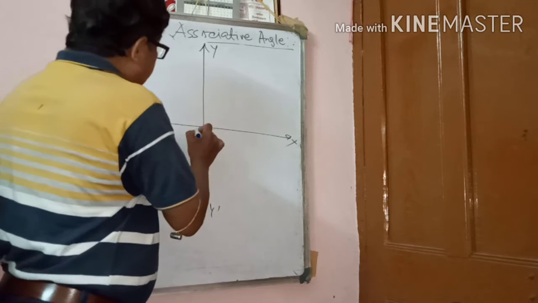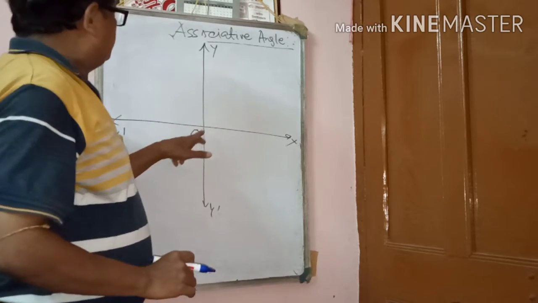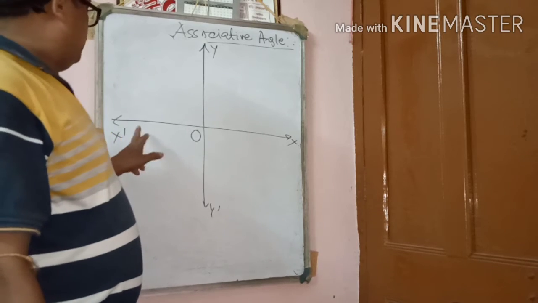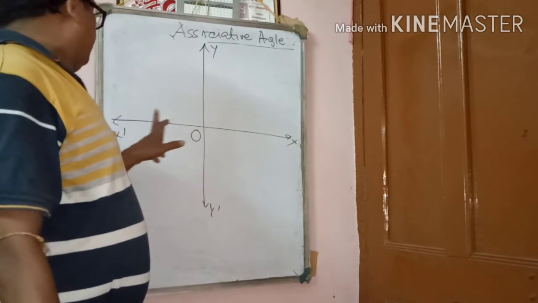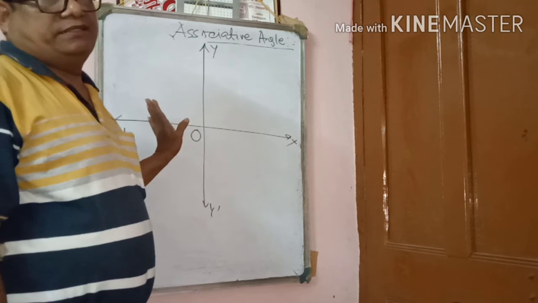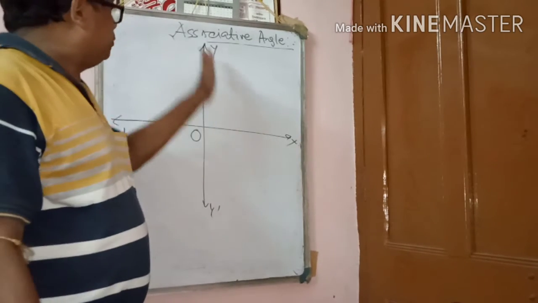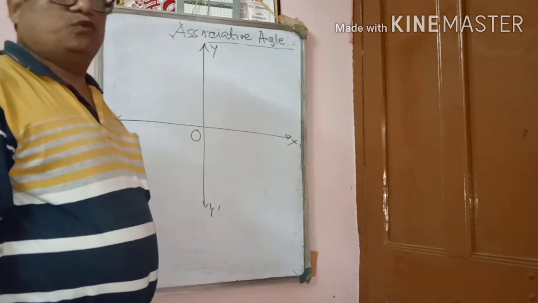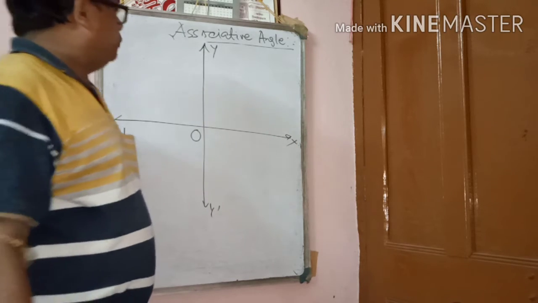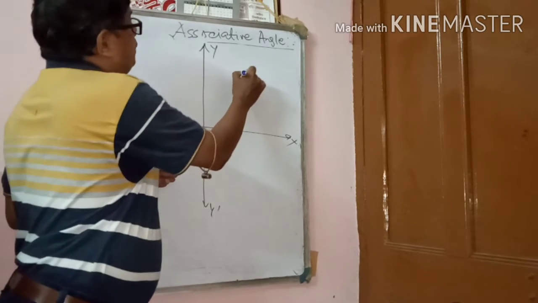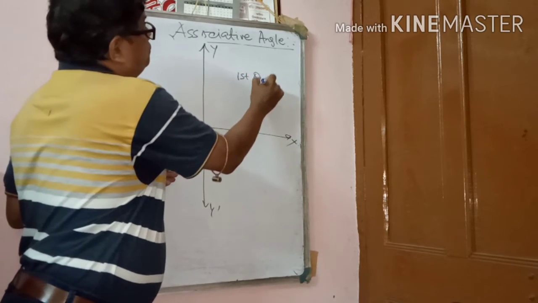They are perpendicular to each other at the origin. The line x o x dash is known as the x axis, and this will be the y axis. Now, students, look at here. This is the first quadrant. Keep in mind, first quadrant.